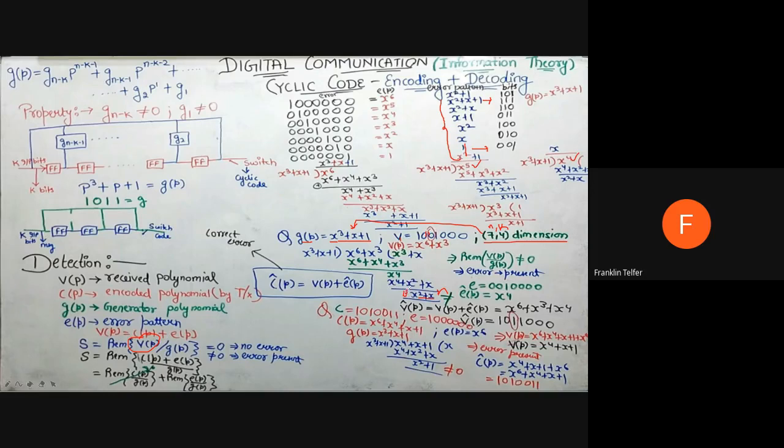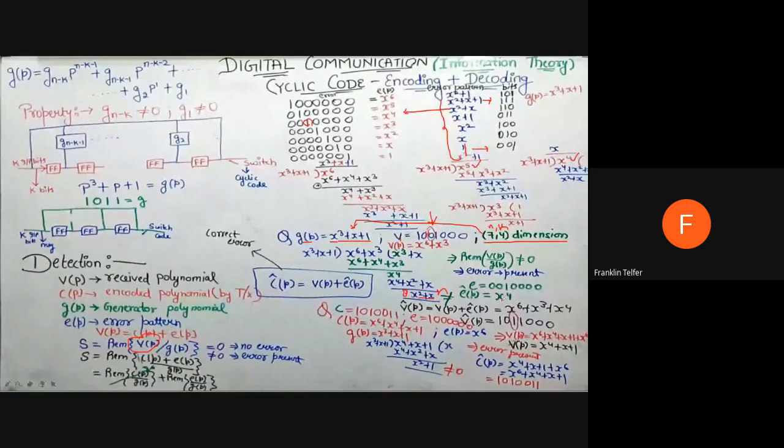But you don't have 0 here, right? It is x square plus x. So you should see this error pattern. Where is x square plus x? So it lies on x power 4. So the error may lie on this position. Okay, or else I can say that at the third position from the left, you have an error.